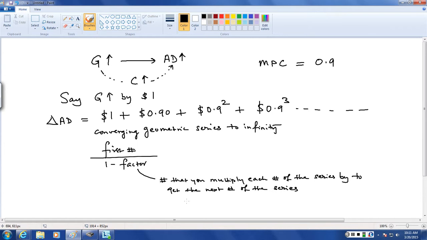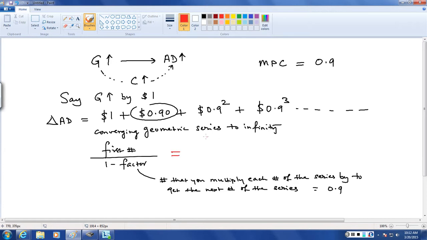In other words, let's pick this number of the series. What do we multiply this by to get the next number? 0.9. Am I correct? So you multiply each number of the series by 0.9 to get the next number, correct? So in our case, then, the factor of the series is 0.9. So using this formula will give us the following.